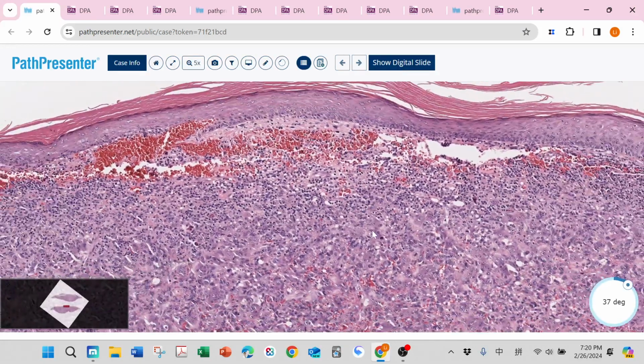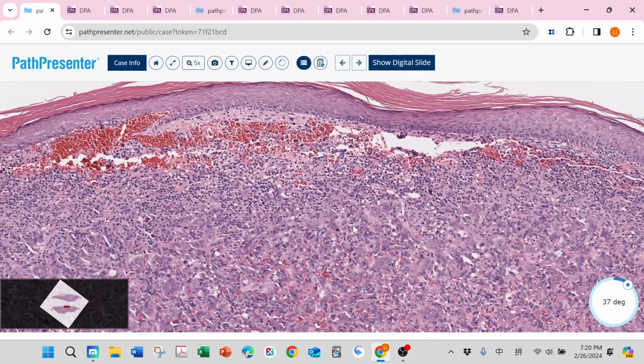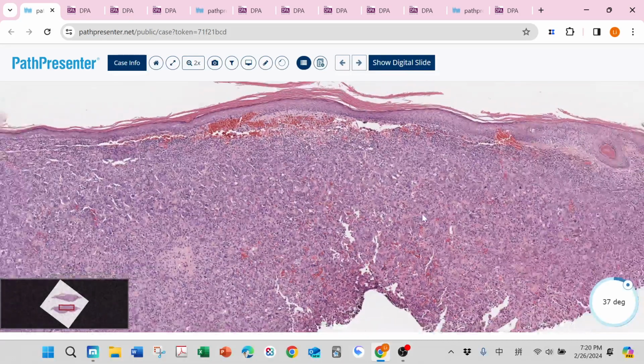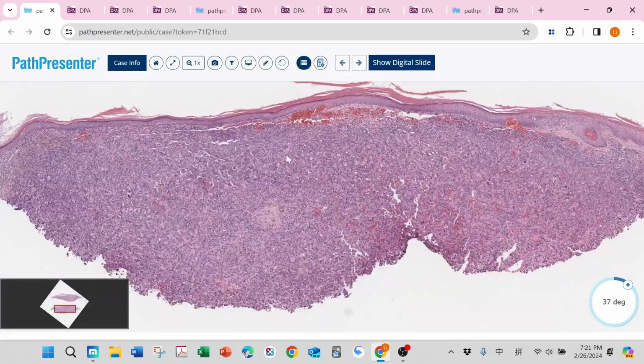When this high-grade tumor is localized in the superficial dermis, not going into the deep dermis or even subcutis, the diagnosis is AFX.